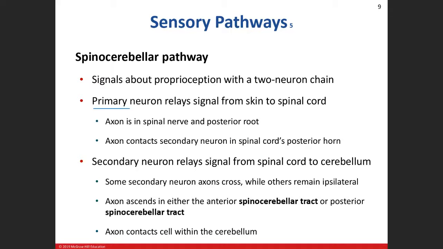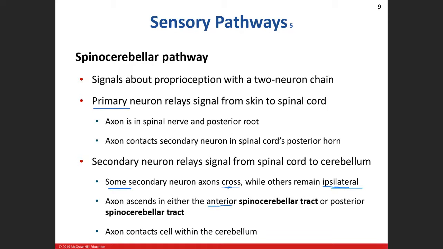So pretty much same thing as we saw before, the primary neuron goes from the skin to the spinal cord, synapses on the secondary neuron, then that secondary neuron is going to ascend up to the cerebellum. We'll see that some of those secondary neurons will decussate or cross over, and some will remain ipsilateral. So there's 2 different pathways that they can ascend up through.